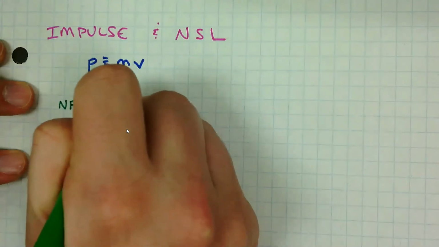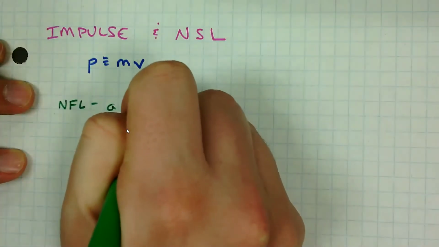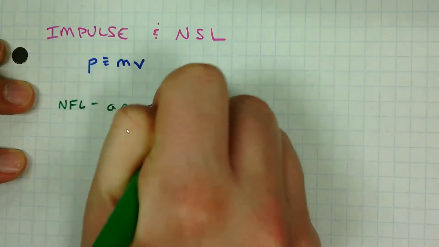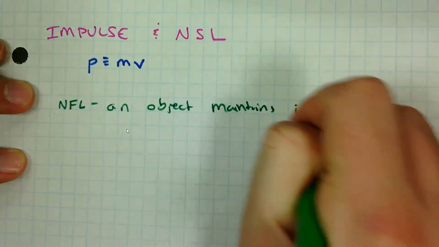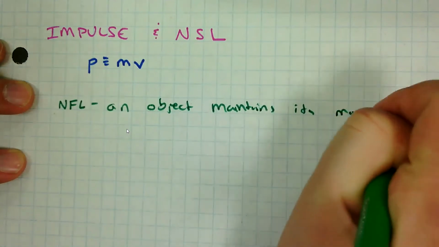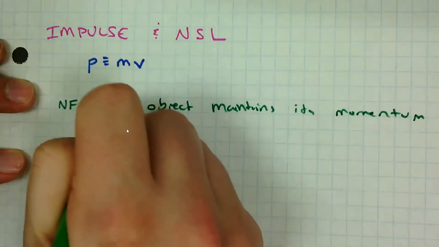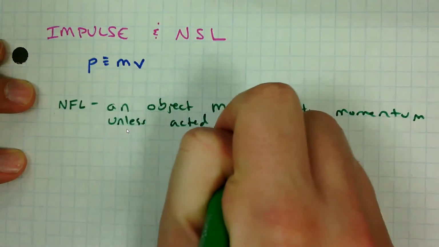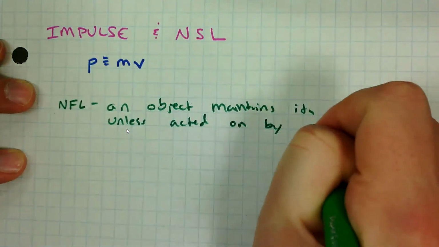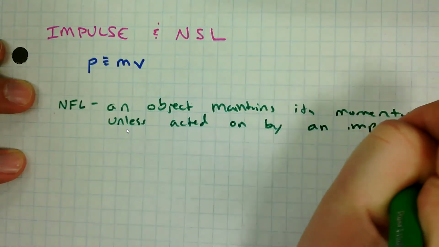Remember the first law, which we usually think about as the law of inertia. To think about it in terms of momentum, we could say that an object maintains its momentum unless acted on by an impulse. We'll talk about what an impulse is in a second.